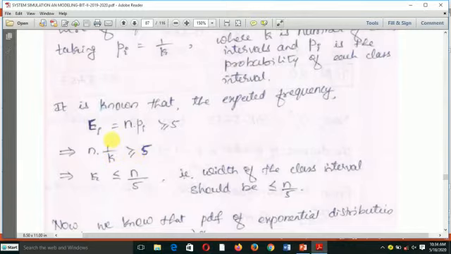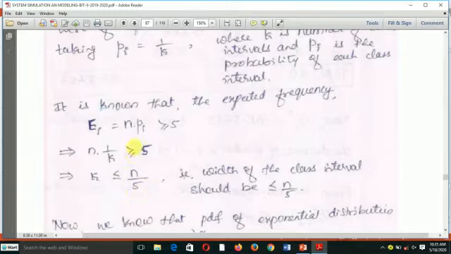If we move N to the other side, k will be equal to N divided by 5, but we change the sign to the opposite sign.